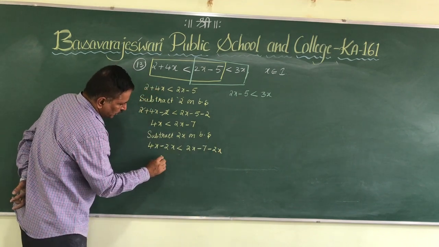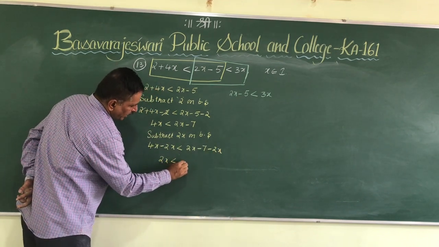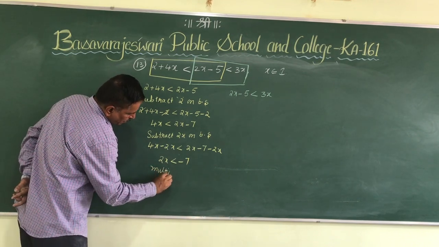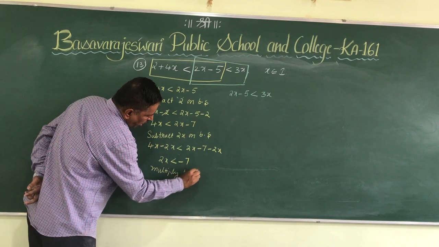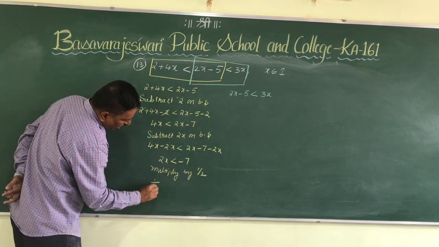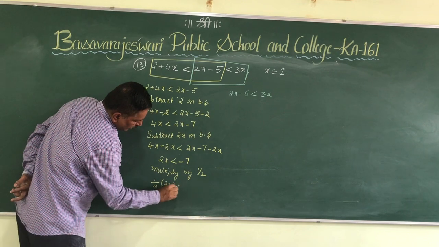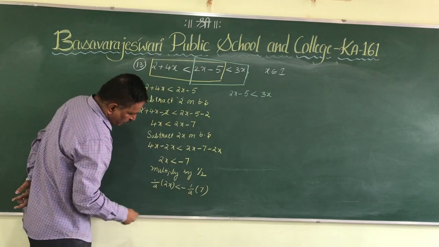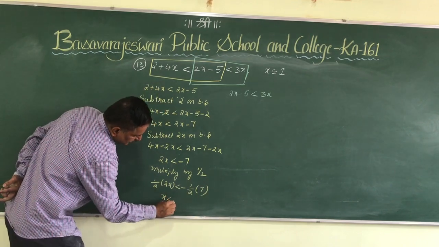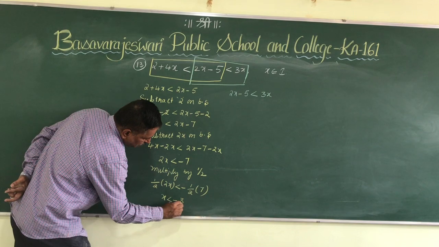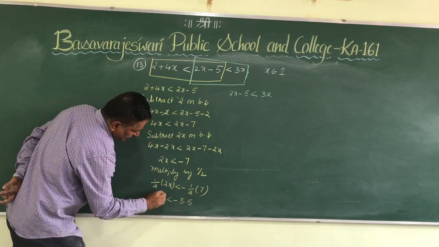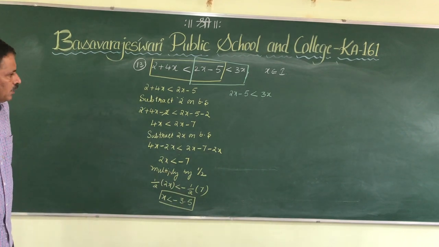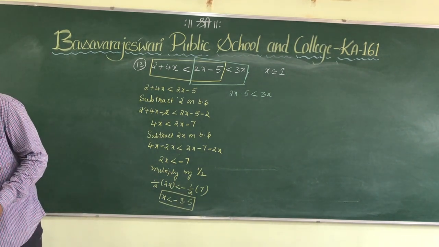So 4x minus 2x will be 2x is less than minus 7, or if I multiply by half, I will get half of 2x is less than half of minus 7. So x is less than minus 3.5. X is less than minus 3.5. Right? Yes.